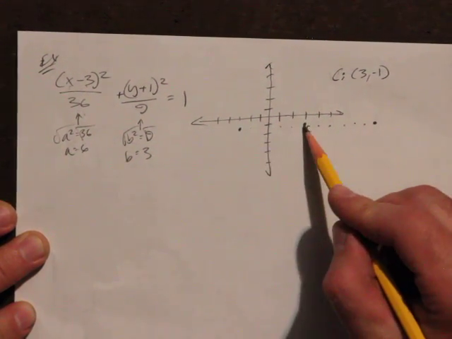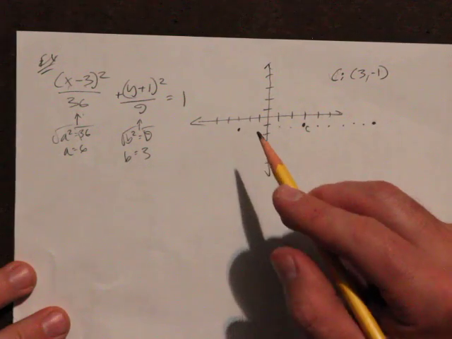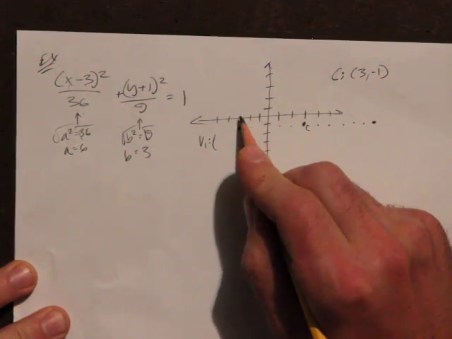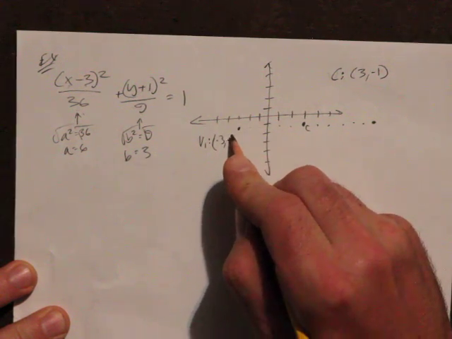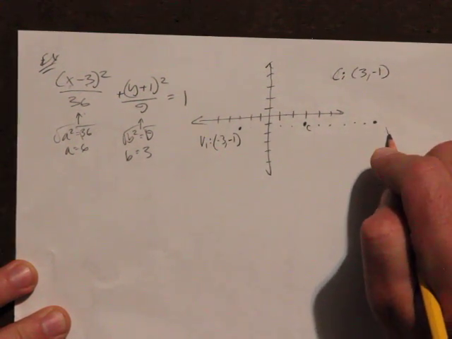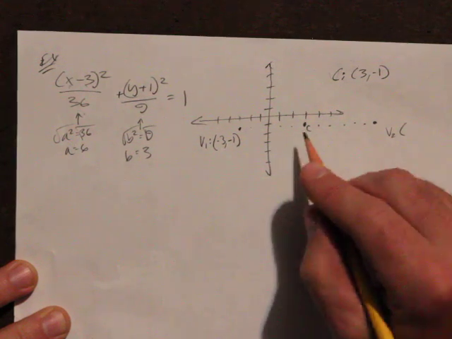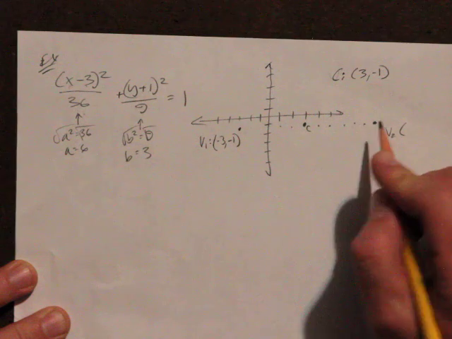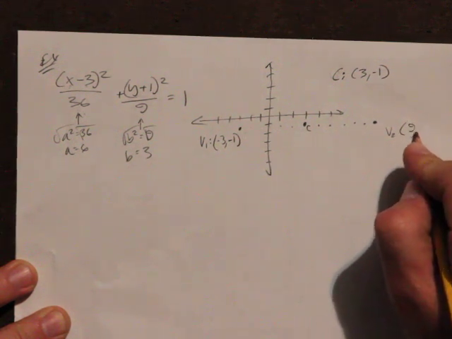So my distance there is 6. So my vertex V1 is going to be negative 3, negative 1. Vertex 2 is going to be 1, 2, 3, 4, 5, 6, 7, 8, 9. 9, negative 1.